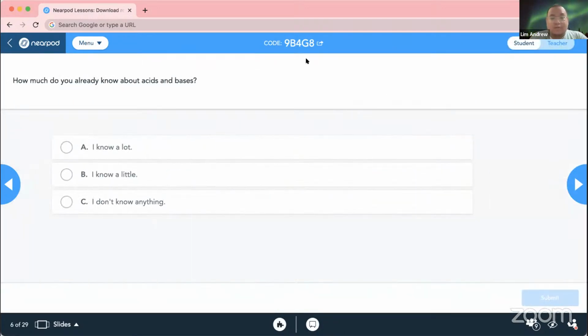So students, for those who have just joined in the Zoom chat, I want to see a show of hands through the nearport. How much do you already know about acids and bases? Do you know a lot, or a little, or do you not know anything? This will allow me to plan my lesson later, to see how I should structure my words or do some class activities.